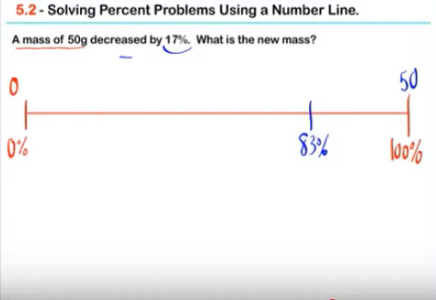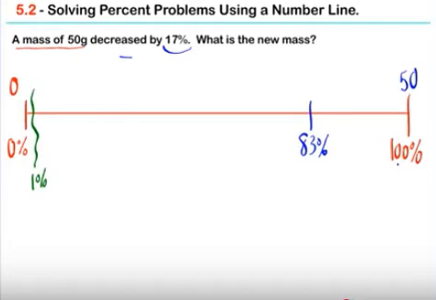So we want to get the 83%. How do we get it? First of all, we will have to obtain 1%, which is 83% divided by 83, and the equivalent amount. 1% of the 50 grams will be obtained by taking 50 divided by 100.